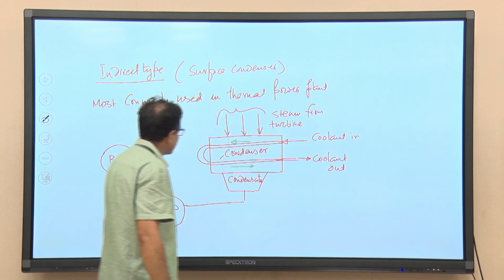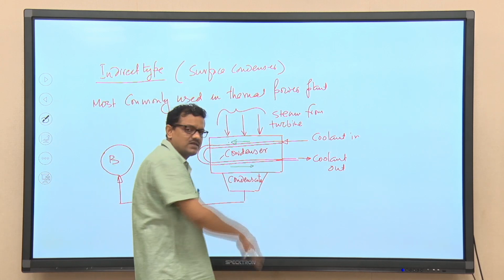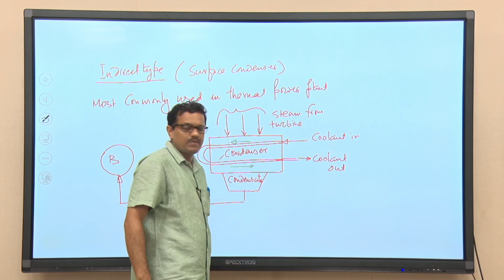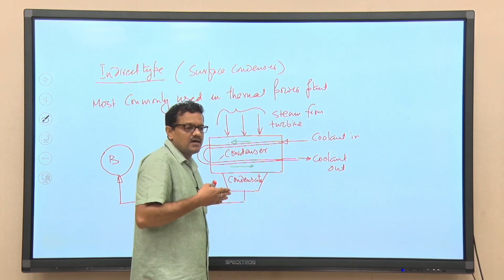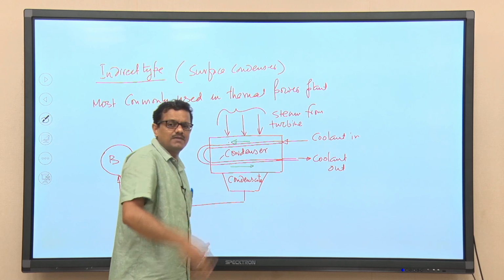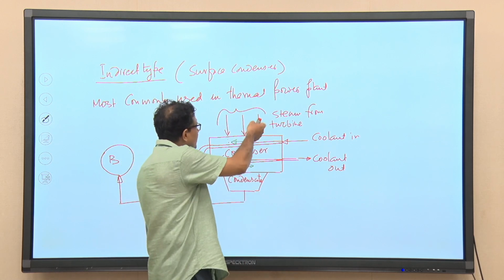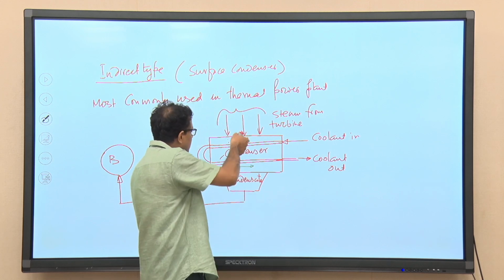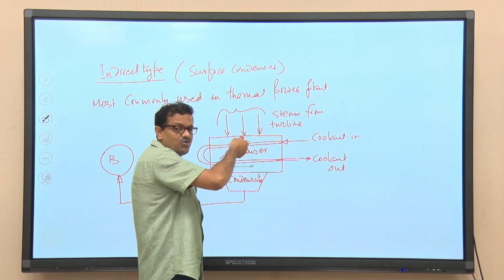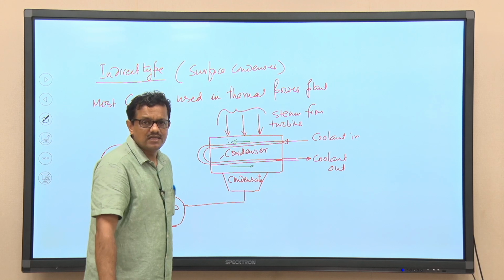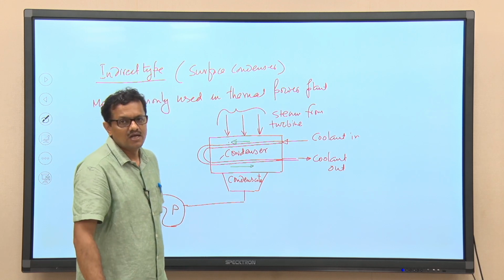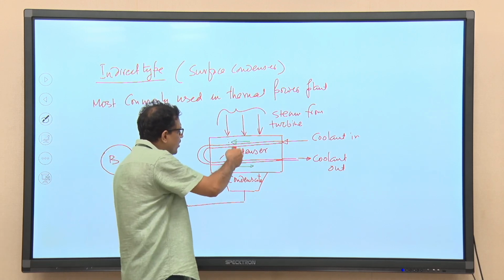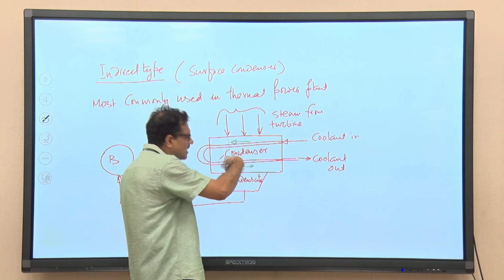You may have multiple pass or single pass. Depending on the capacity of the plant, the mass flow rate of steam coming from the turbine, and the size of the condenser, you may need to go for a multi-stage or multiple pass condenser, where the coolant is allowed to pass multiple times.